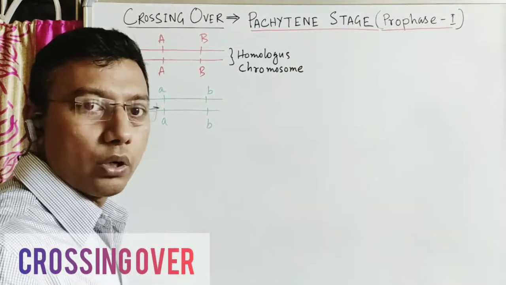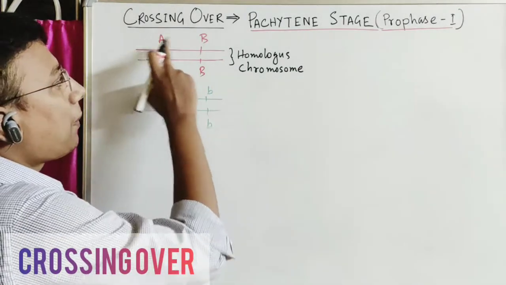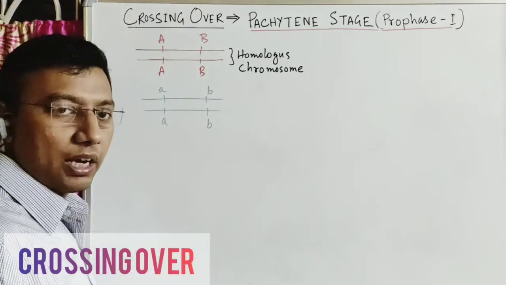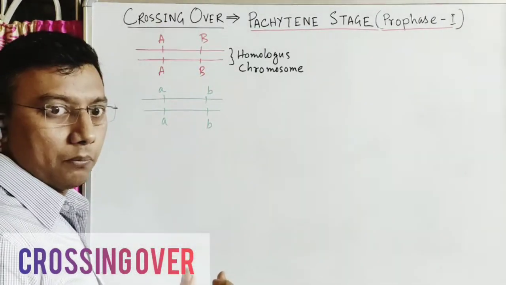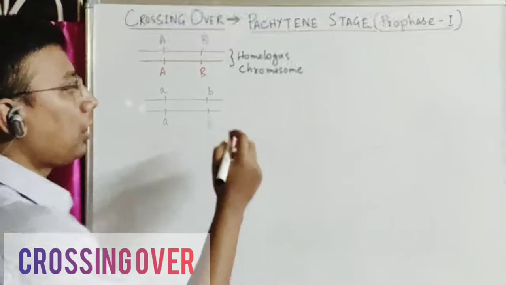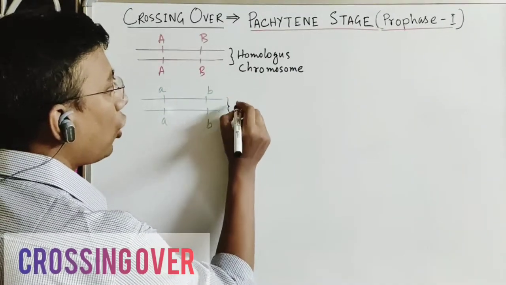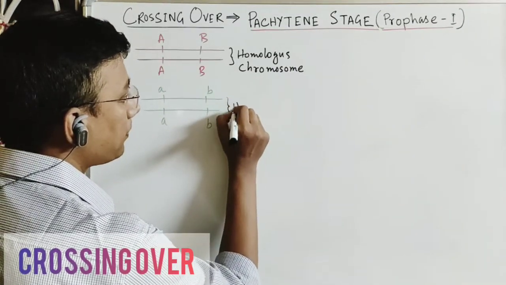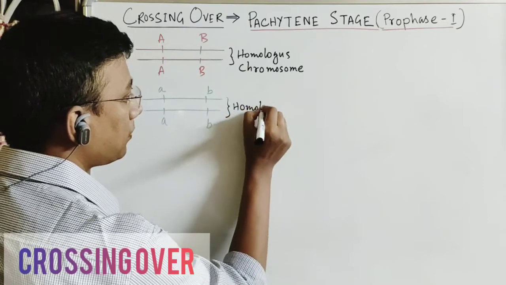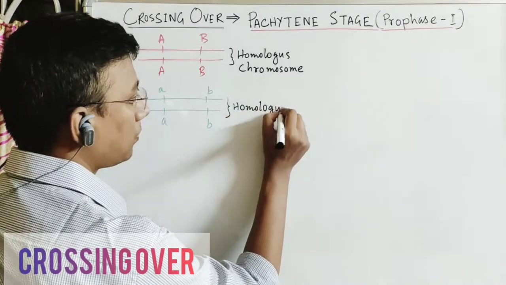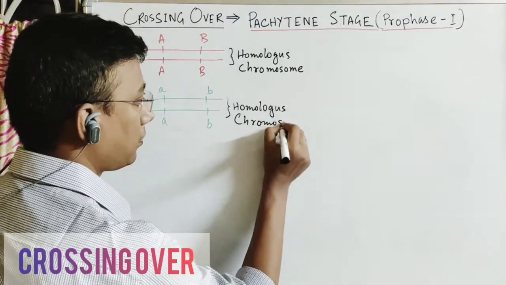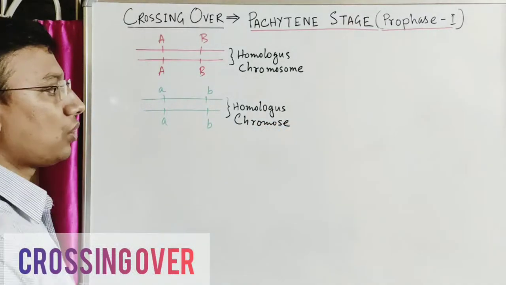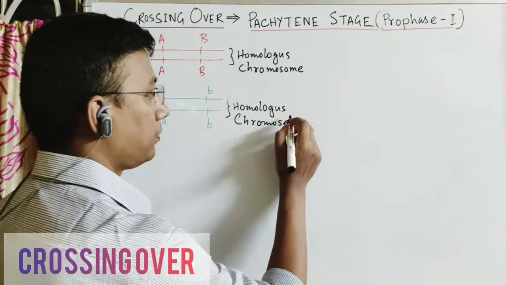This is a homologous chromosome. क्यों? क्योंकि यहां पे जो 2 क्रोमोसोम्स हैं इसमें ये जो है वो सेम है, एक दूसरे का रेप्लिका है, और ये भी एक होमोलोगस क्रोमोसोम है. That is also a homologous chromosome.